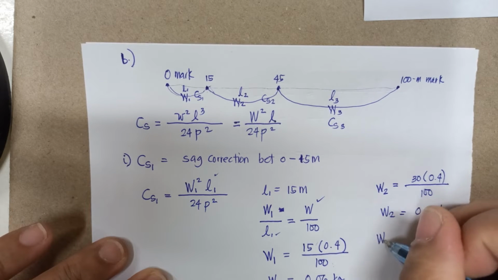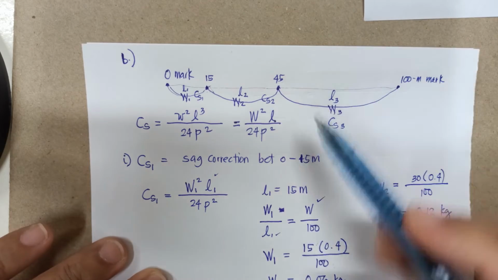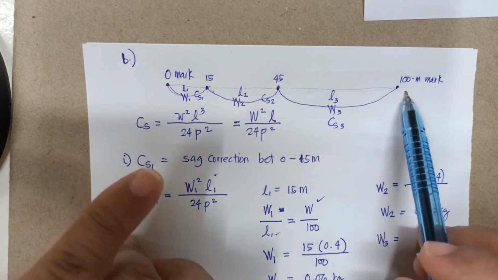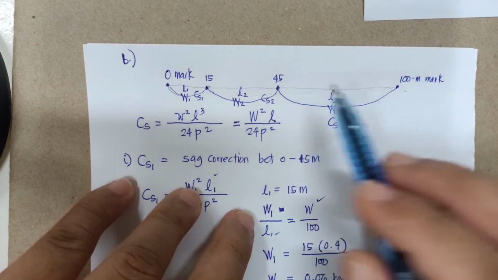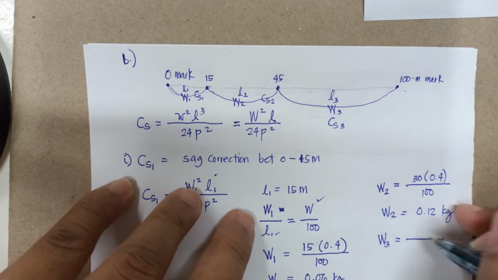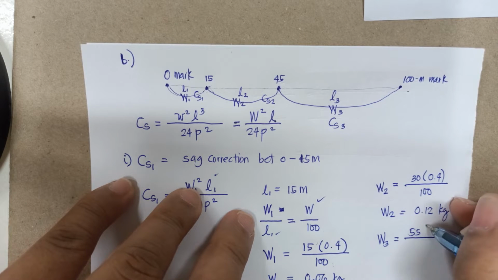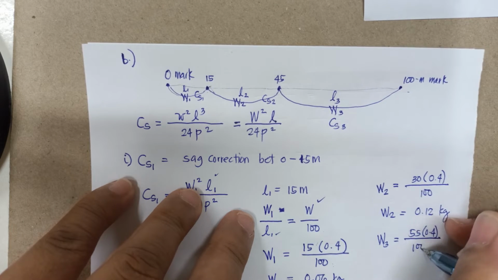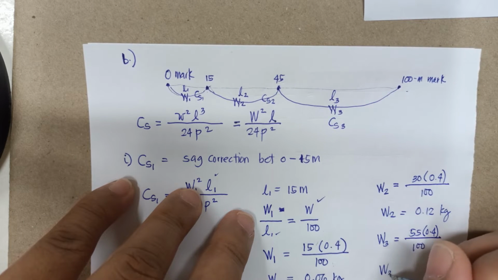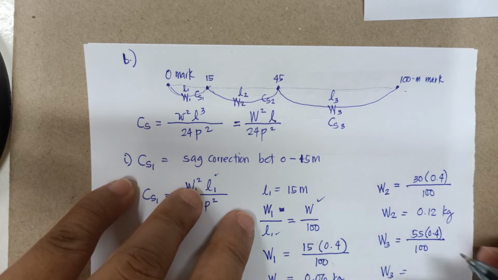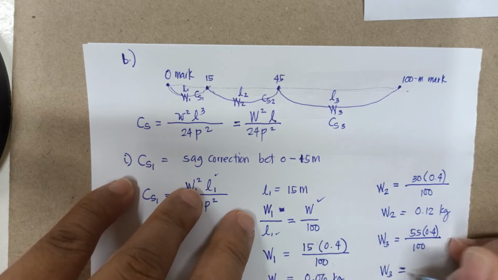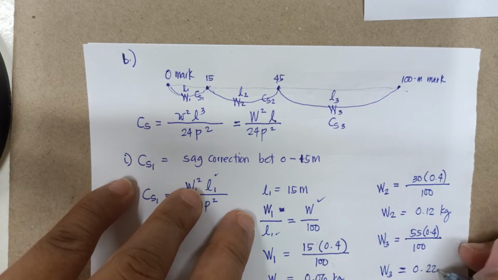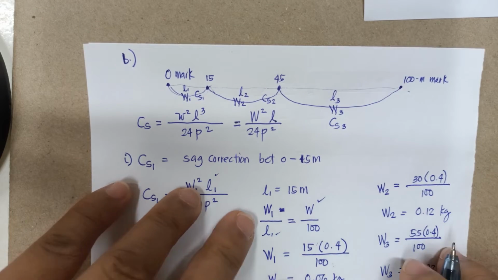And then W sub 3, the weight between 45 to 100, that is 100 minus 45, so you will have 55 times 0.4 kilograms divided by 100, gives us 0.22 kilograms.